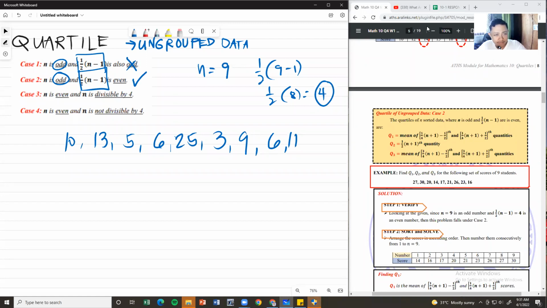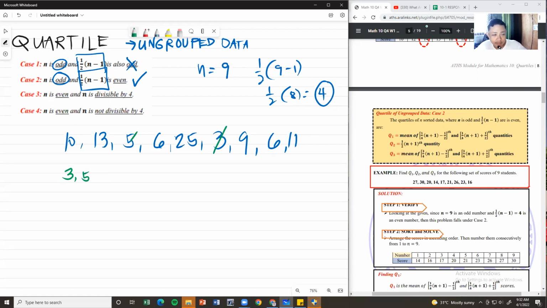So we need to rewrite the set of data. The first one is 3, followed by 6. There are two 6s. And then what else is next? Sorry, 5 first. 5.